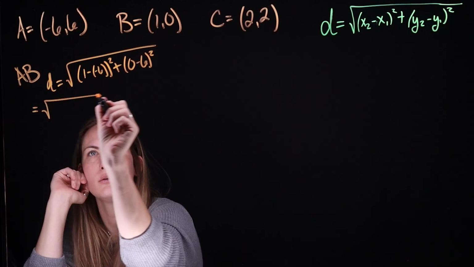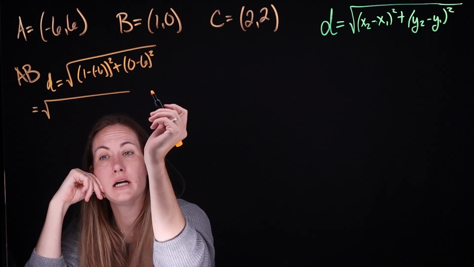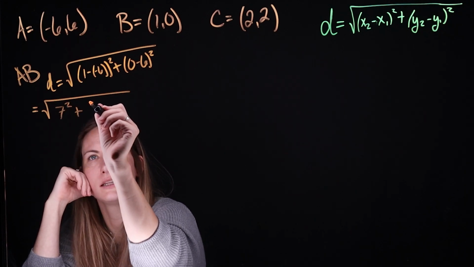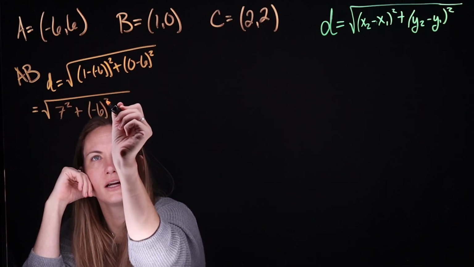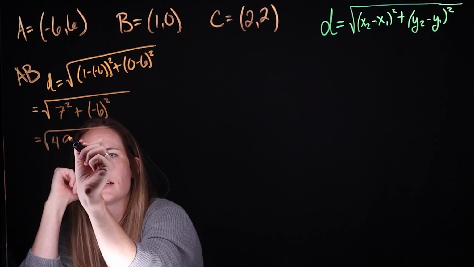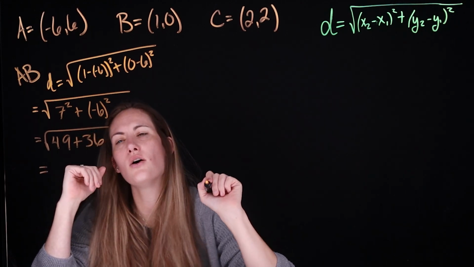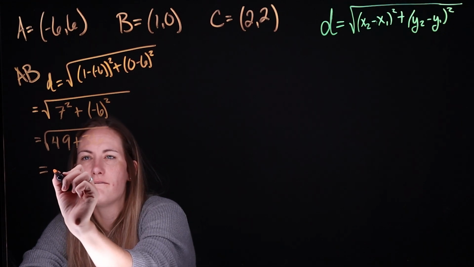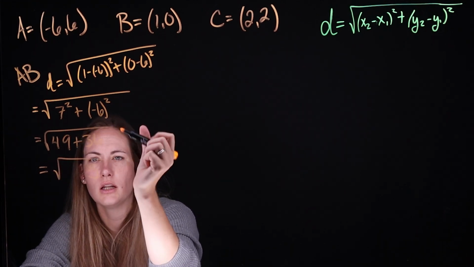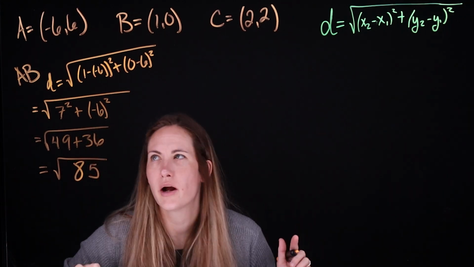It equals the square root of 1 subtract a -6 would end up being 1 plus 6, which is 7 squared, plus, and this would be -6 squared. 7 squared is 49. 6 squared is 36. So 49 and 36 would give us 85. That looks a little weird, but it'll be all right.